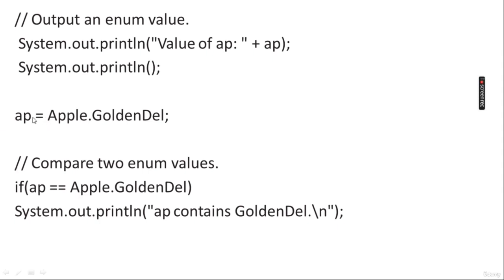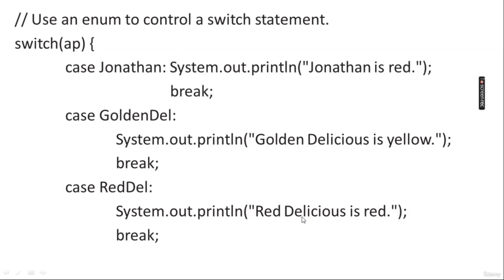Now AP is already initialized to Apple.GoldenDel, so these values are already the same. If AP is equal to Apple.GoldenDel, yes, so it will display the line AP contains GoldenDel.